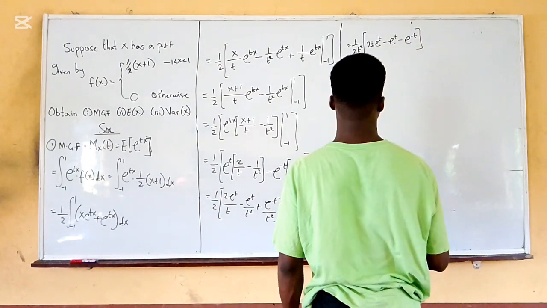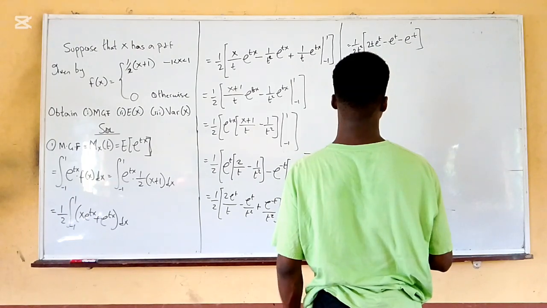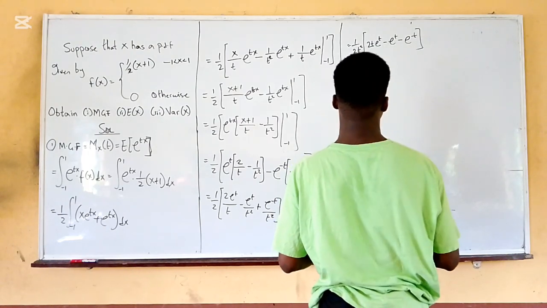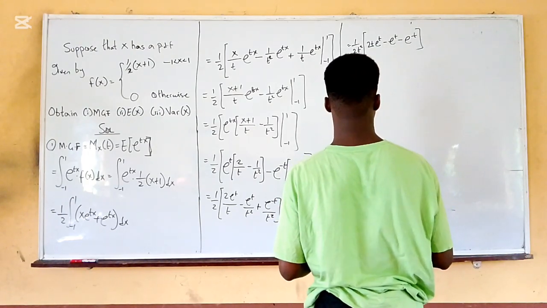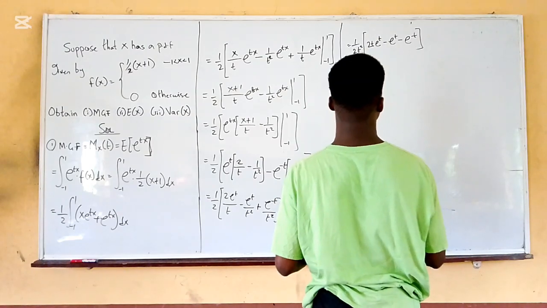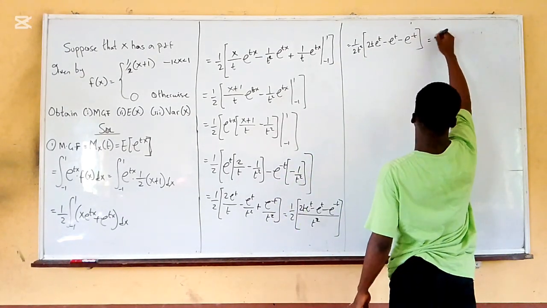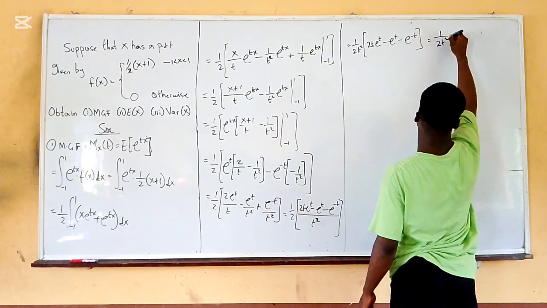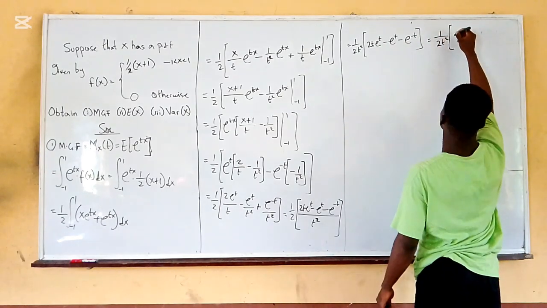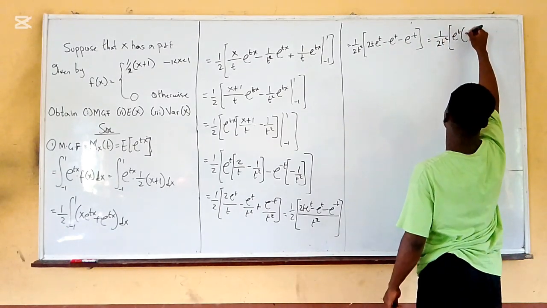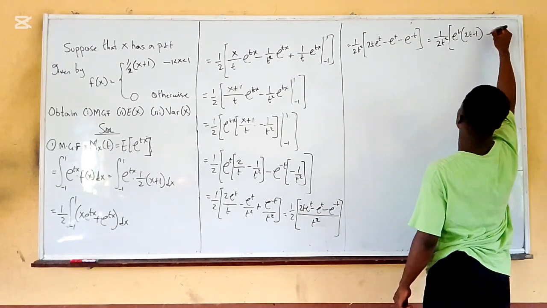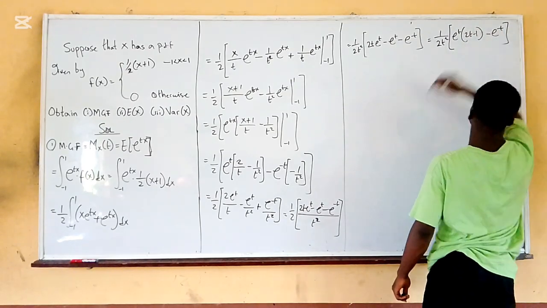At this point, I can decide to simplify and say 1 over 2t square into bracket exponential t into 2t minus 1, minus exponential negative t.